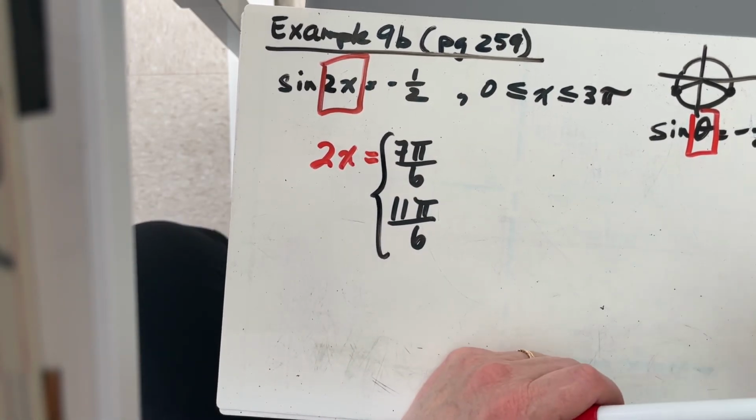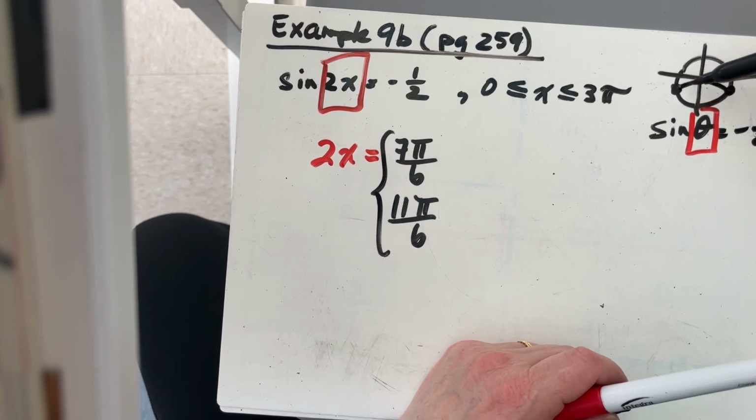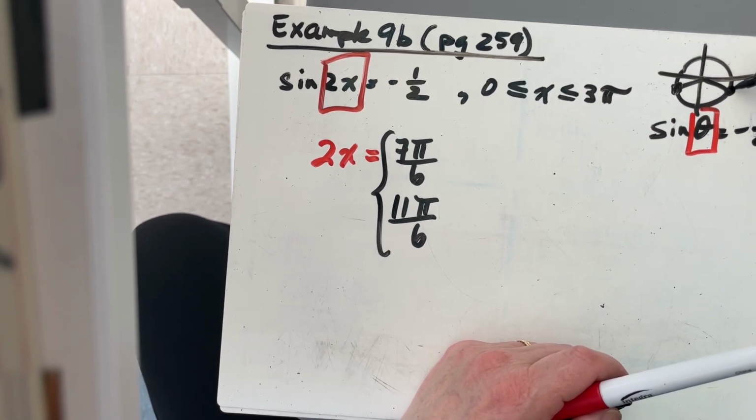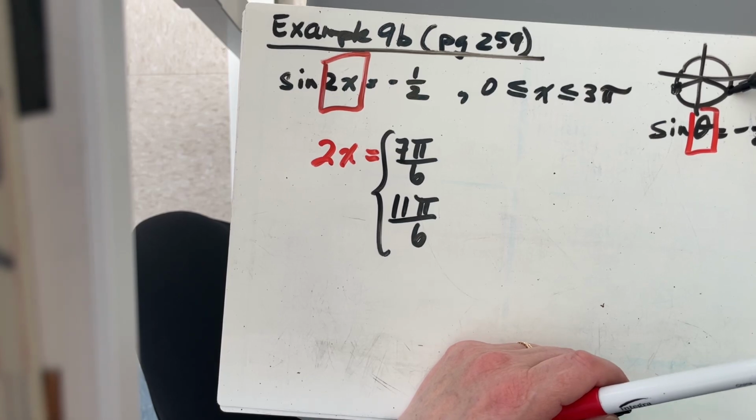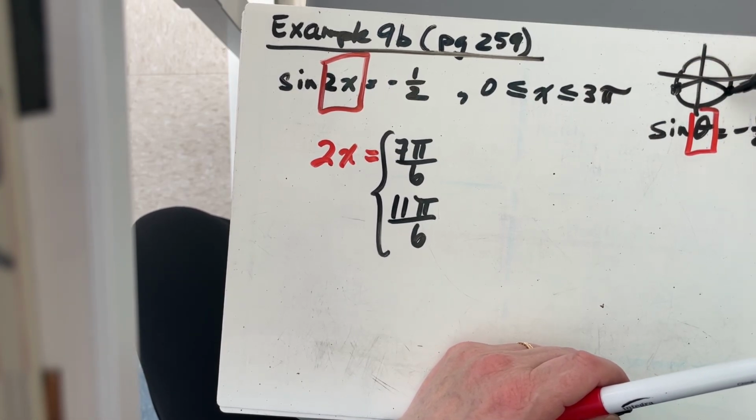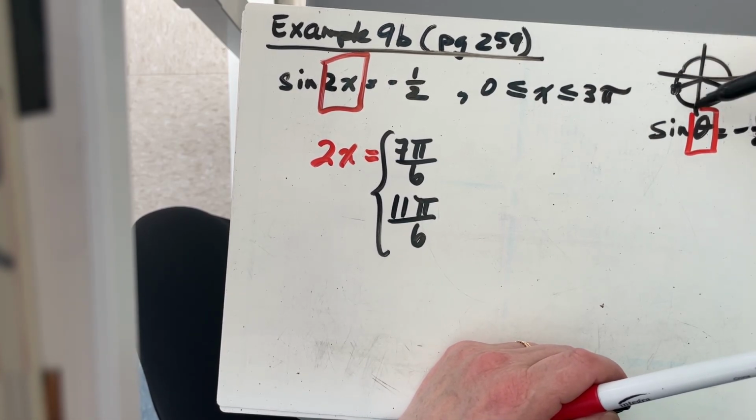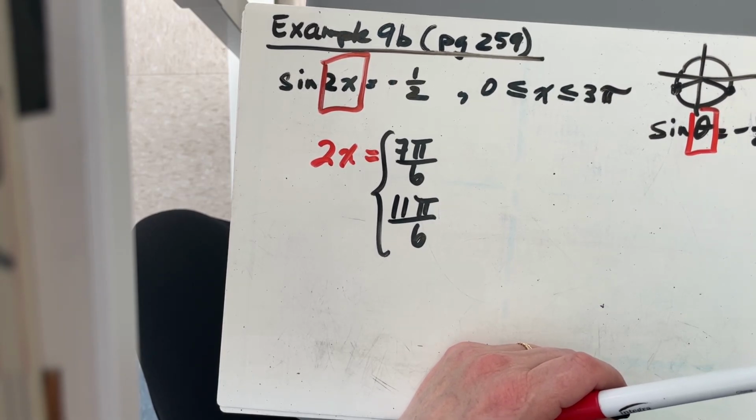Okay, now let's think about the periodicity here. That's going to happen every time we go around the unit circle, 2 pi more, 2 pi more, 2 pi more for 7 pi over 6. Also for 11 pi over 6, we go around 2 pi more, 2 pi more, 2 pi more. Or if we went back in the other direction, subtracting 2 pi.